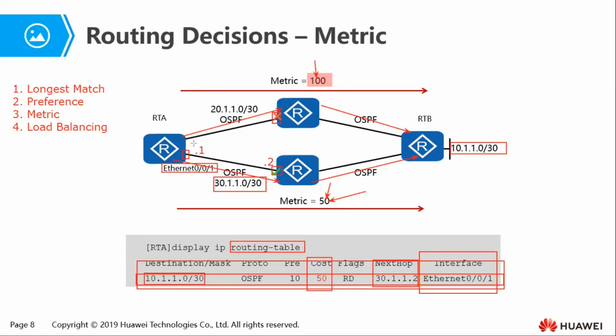Load balancing is send some packets via this path, send some other packets via this path, 50-50%. So that is what the router will do as the last routing decision, load balancing. If the first three match, they're the same for the route, then go ahead and load balance.